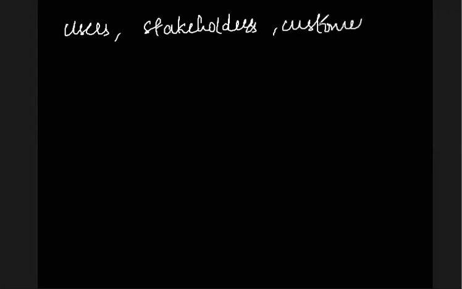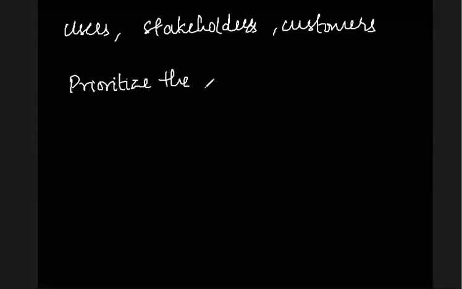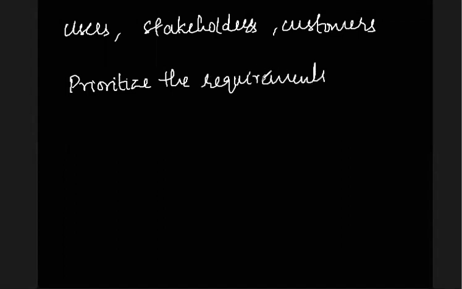When you've gathered all these three groups, they are going to be asked to prioritize the requirements. Prioritizing the requirements means deciding which ones are important. You're going to label them as 1, 2, 3, 4, and this is going to go on.